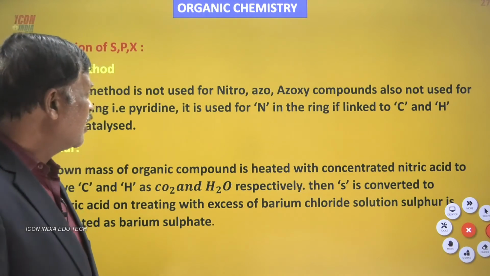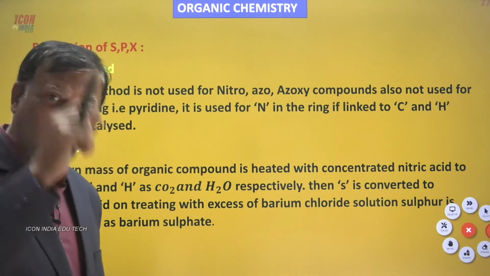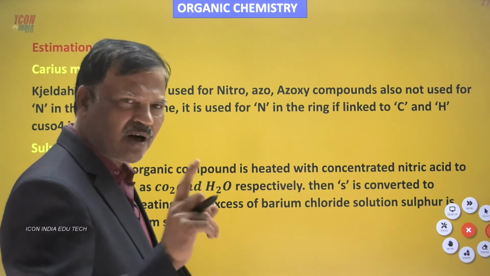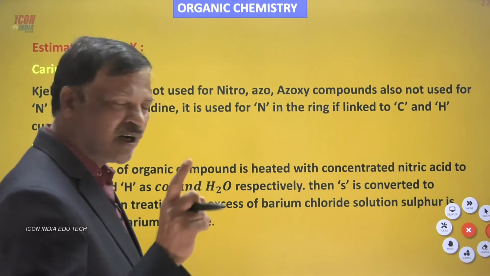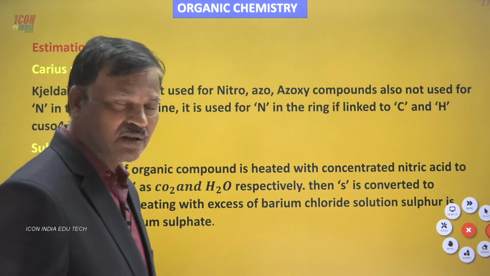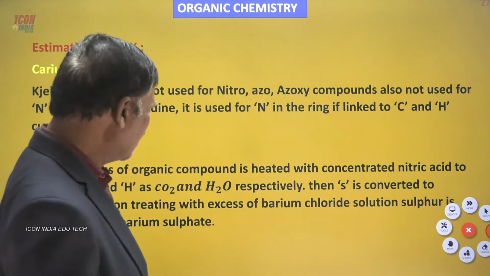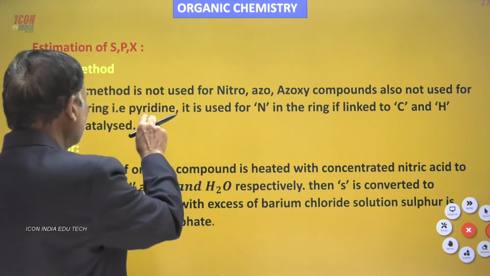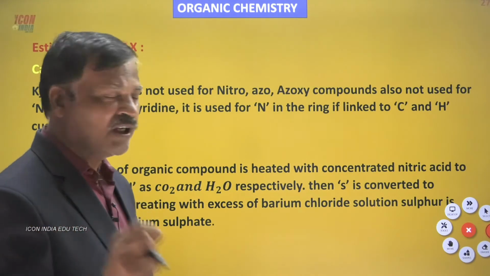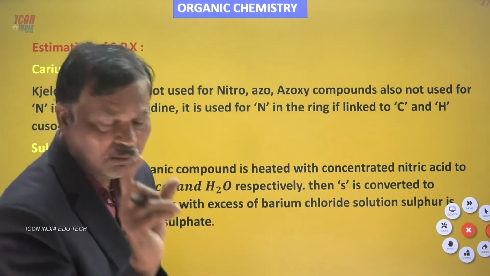In the Kjeldahl's method, nitrogen should be converted to ammonia. But in case of nitro compounds, nitrogen is not so easily converted to ammonia. In the azo and azoxy compounds, nitrogen is liberated as free nitrogen but not as ammonia. And also in case of pyridine, nitrogen is not so easily liberated as ammonia because that nitrogen is involved in the aromaticity in pyridine.